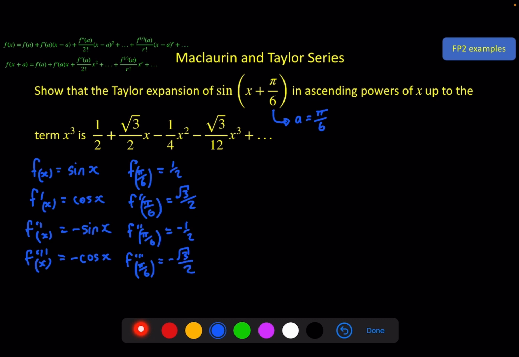Okay, so we've got all the information. Now we just need to put it into the expression and put at the beginning here sine x plus pi by 6.